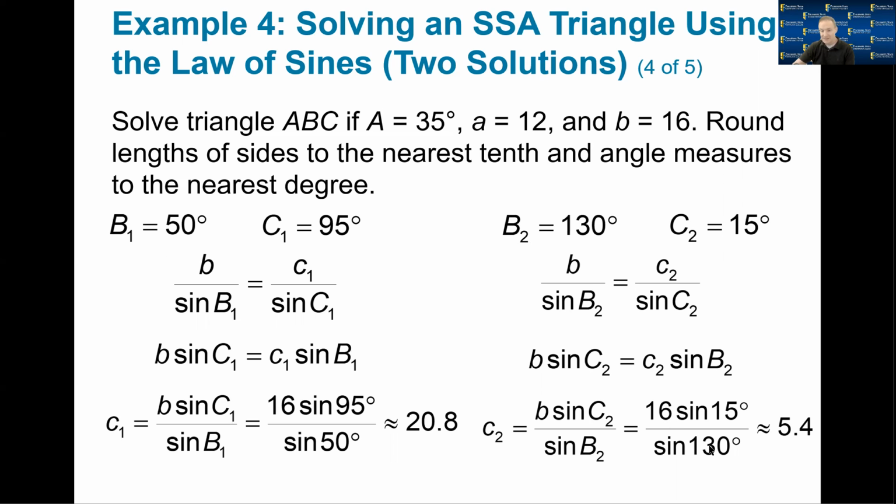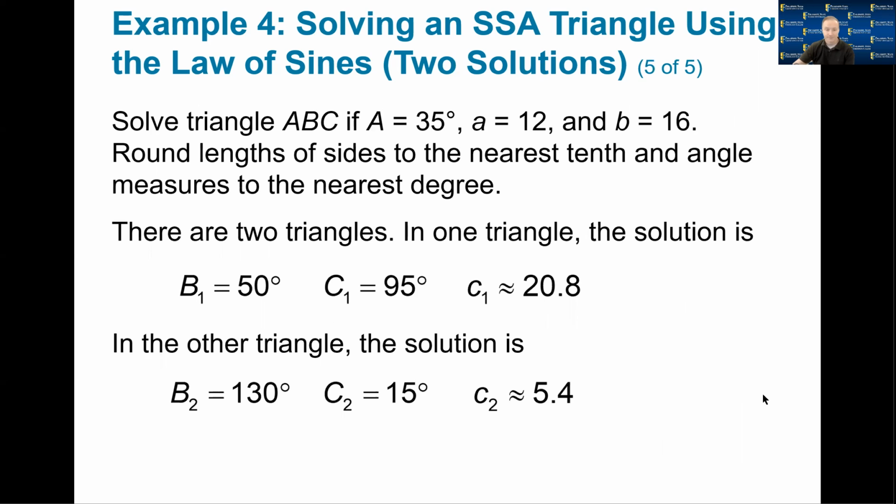And we get 16, and remember angle B in triangle 2 is 130, multiply by the sine of C2 in the numerator. When you put that into your calculator, to the nearest tenth, you're going to get 5.4 centimeters, clearly smaller than either of these two, which we should have expected. And both of these two are valid solutions.